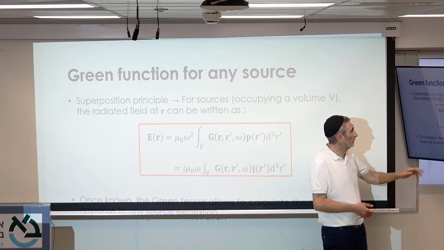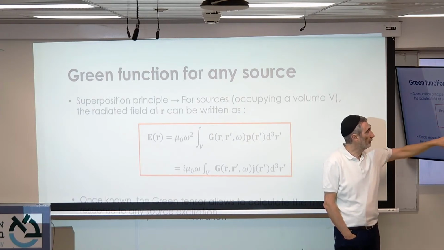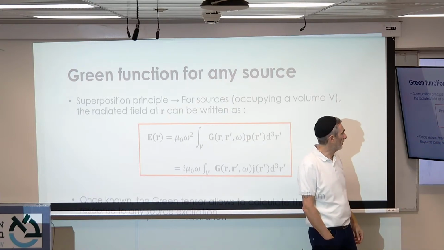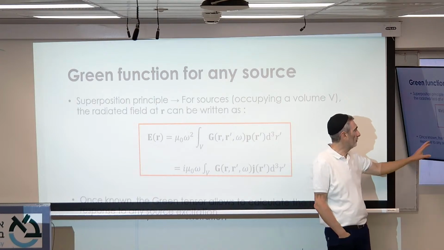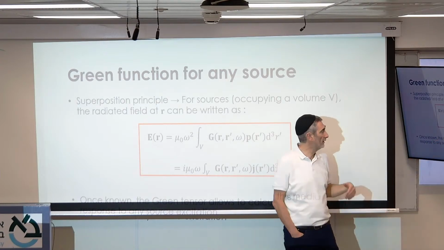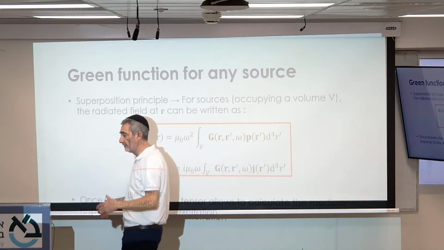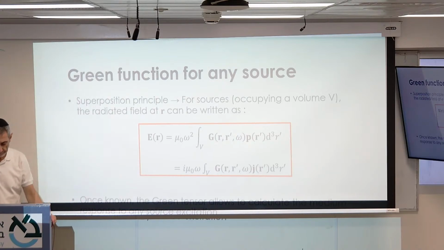So E of R is i mu0 omega times the green function times J of R prime. Once known, the green tensor allows you to calculate the medium response to any source excitation, any object that scatters light. Any question?